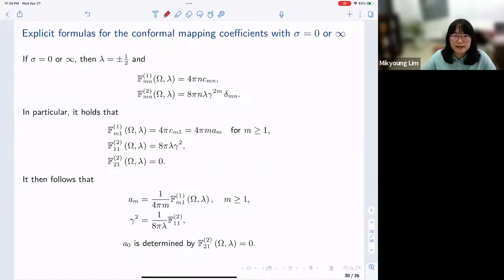In this extreme case, F1 has a simple expression, F2 has a simple expression, and in particular, F sub m1 of first type is 4 pi times m times a_m. That gives you an expression for a_m in terms of FPT. From the relation for F sub 1, you get gamma squared, where gamma is the conformal radius, and A0 is determined by the third relation.